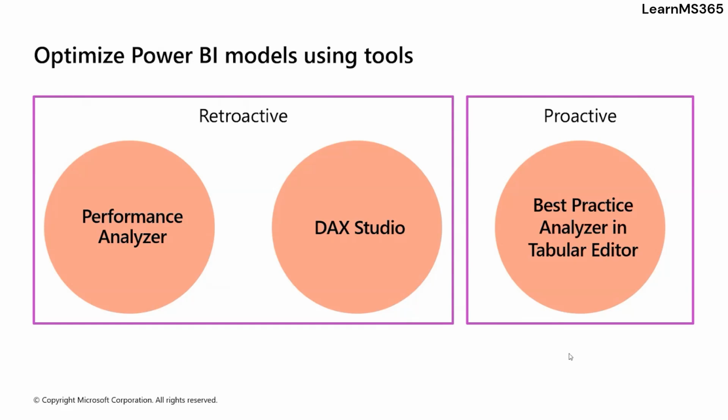Ideally, you should assess performance as you move through the stages of the development life cycle: development, testing, production, and optimization of your solution. Okay, so let's discuss all of these Power BI model tools in our upcoming slides.